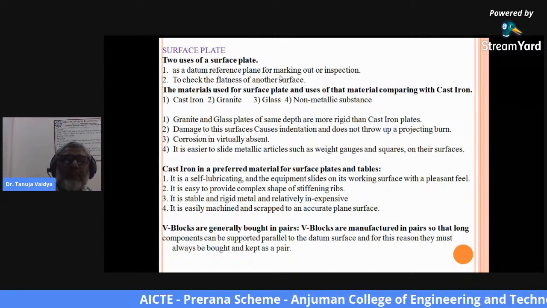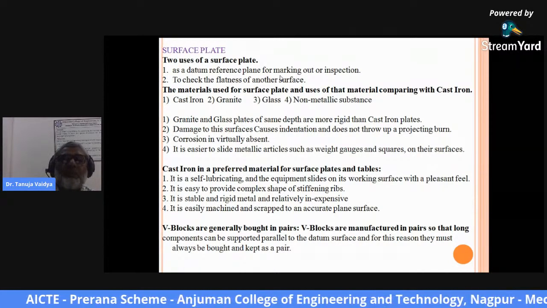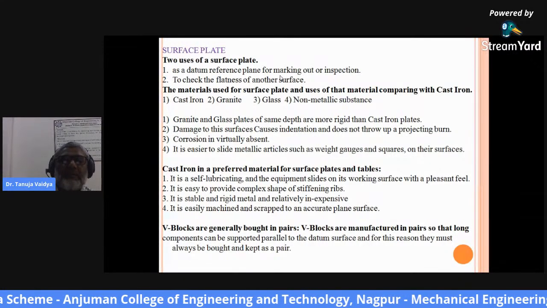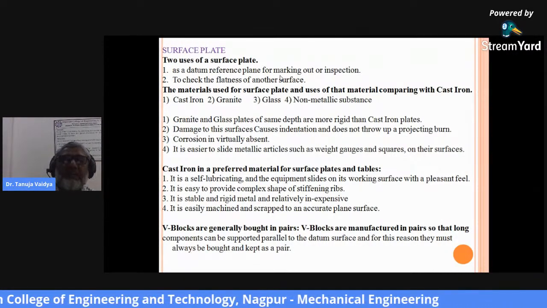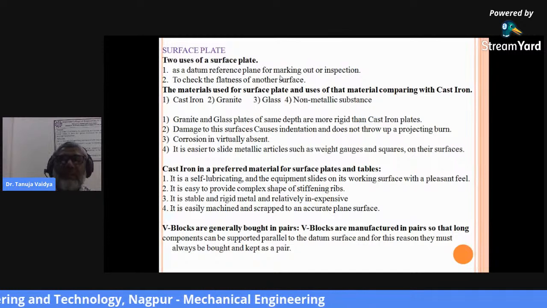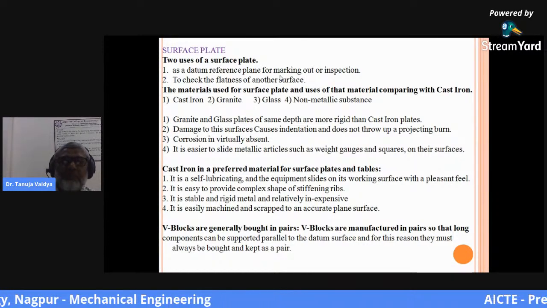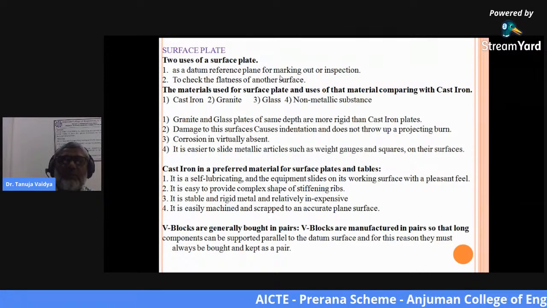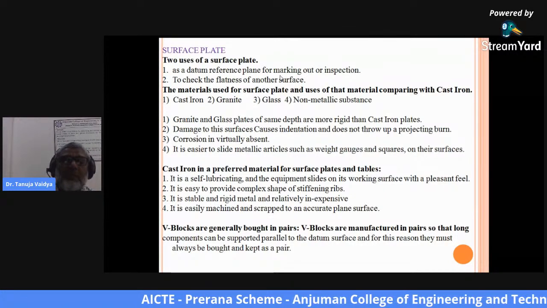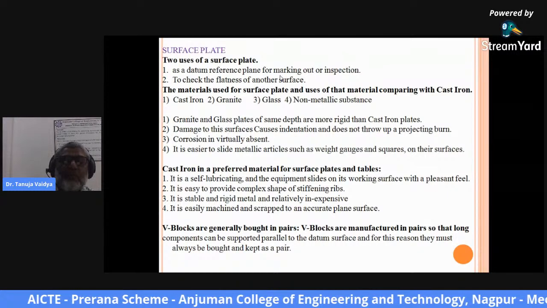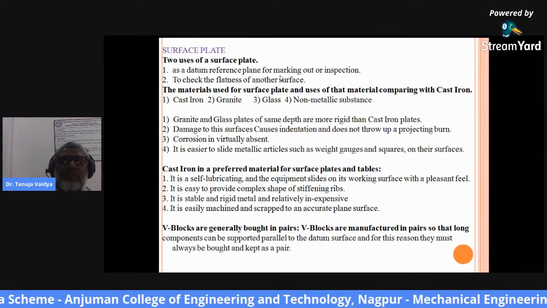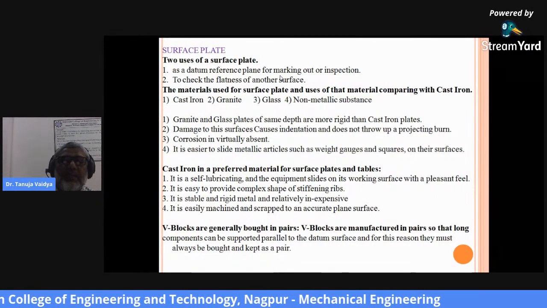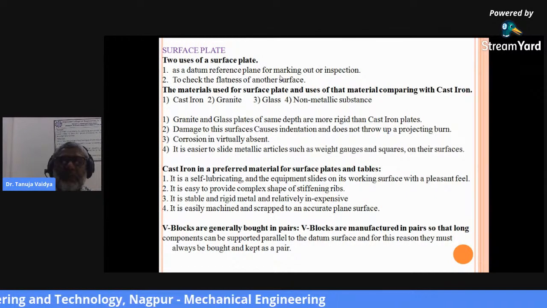Second, in granite, corrosion is virtually absent, and it is easier to slide metallic articles on granite and glass. But cast iron is the most preferred material for surface plates and surface tables because of various properties of cast iron: it is self-lubricating and the equipment slides on the working surface with a pleasant feel.